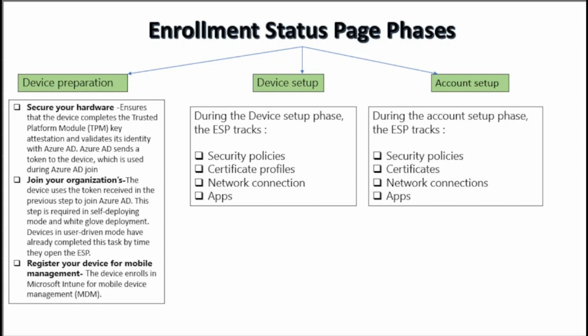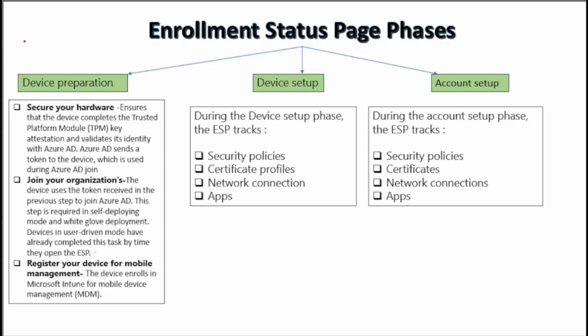Device preparation is mainly used to secure the hardware, join the device to the organization and register the device in the MDM server. The device setup and account setup phases show the security policies, certificate profiles, network connection, and applications deployed on the device and user respectively. In device preparation, the very first step is to secure the hardware.